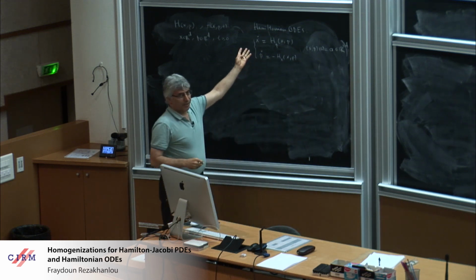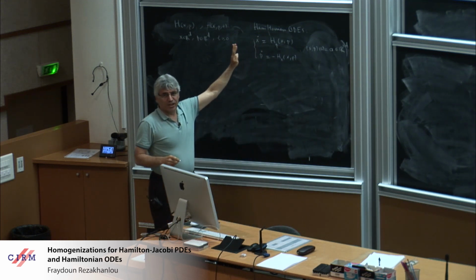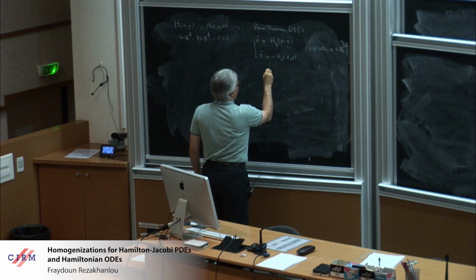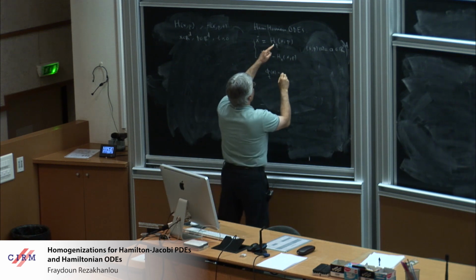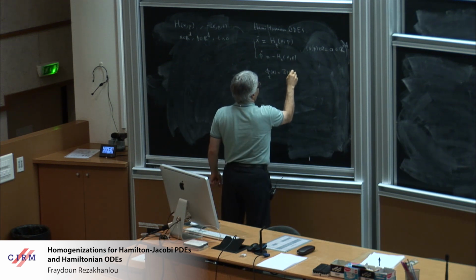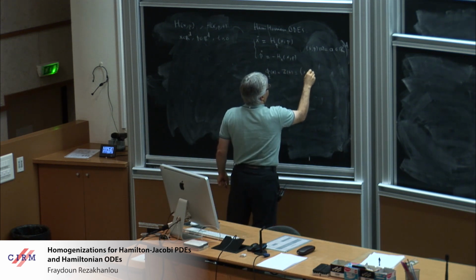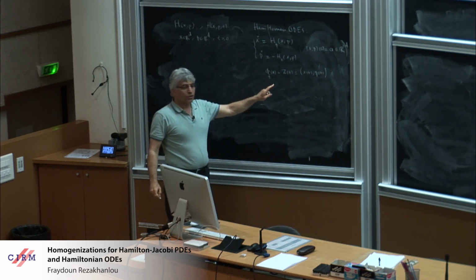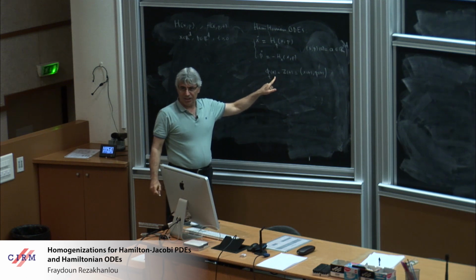Under some standard conditions on H, you can guarantee there exists a unique solution. And let me write phi_t(a) for this solution, z(t), which is (x(t), p(t)), to have a notation that also displays the dependence on initial condition.